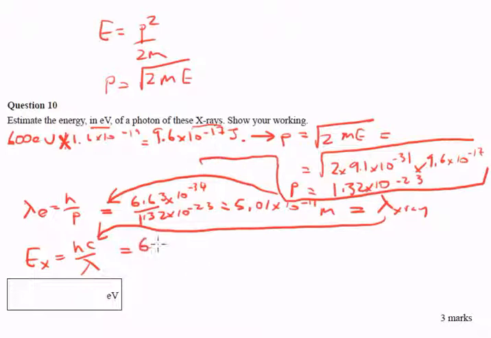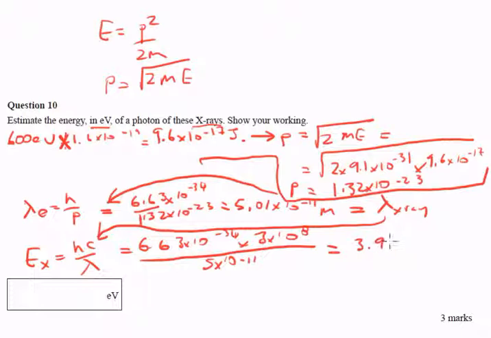That equals 6.63 by 10 to the minus 34 times 3 by 10 to the 8, divided by lambda, which we've got as 5 by 10 to the minus 11, and that gives 3.97 by 10 to the minus 15 joules.